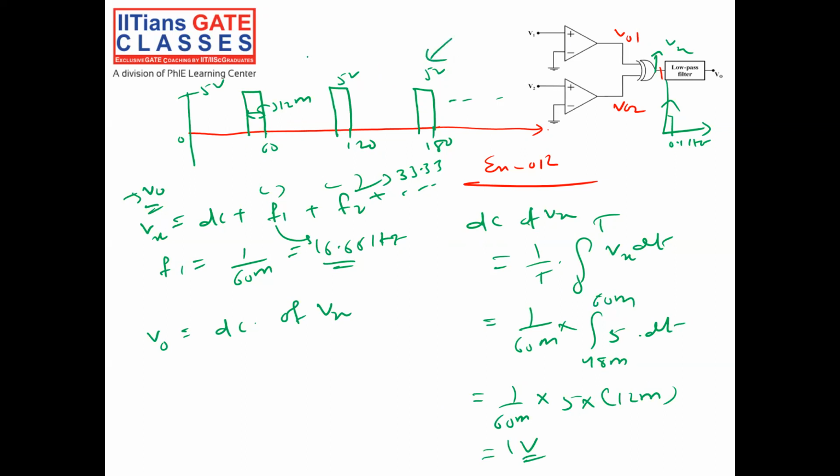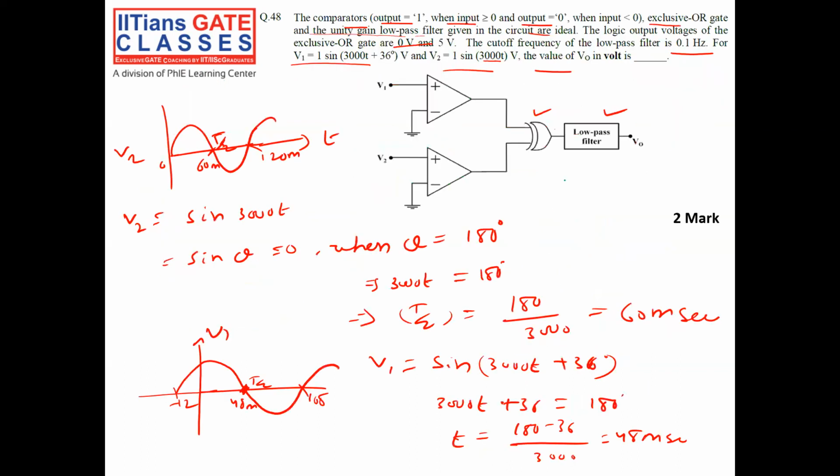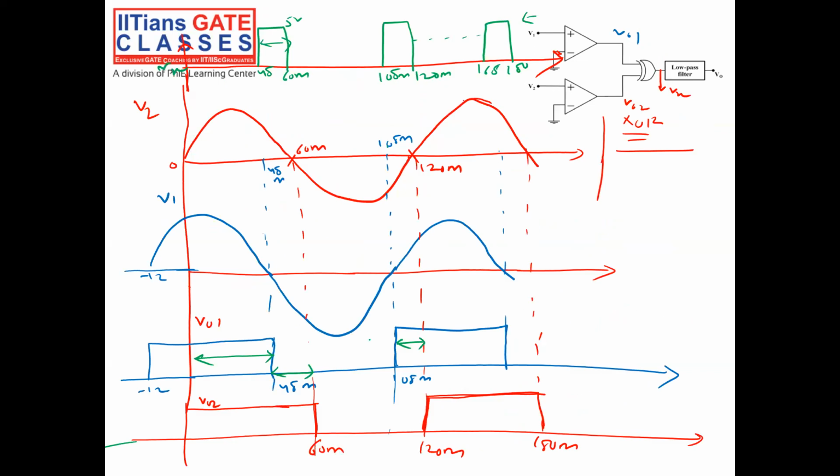DC of this waveform is 1 volt. So at the output V0, I'll get 1 volt. So the answer should be 1 volt. Very easy question, but you have to draw the circuit. Then you understand that I'll get a pulse of 60 millisecond period with width 12 millisecond.